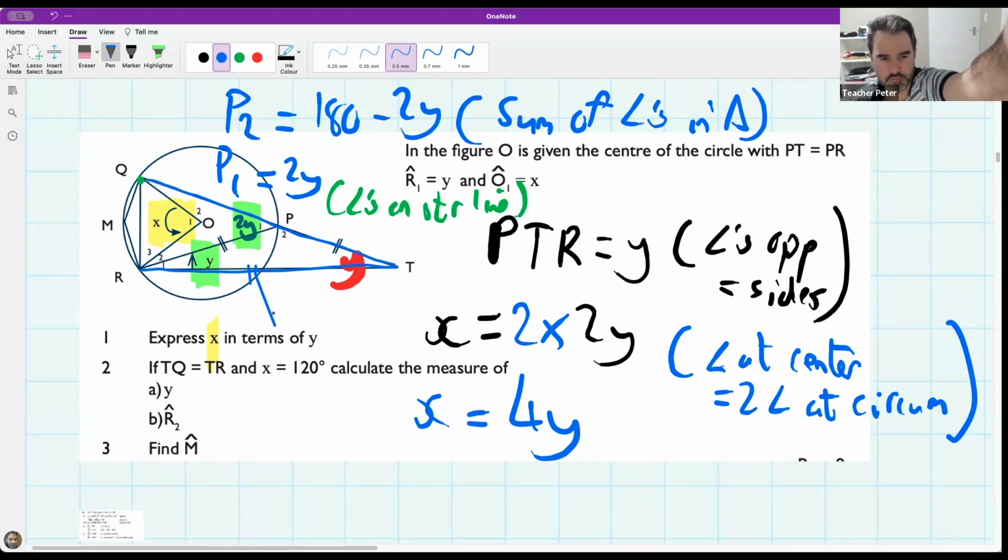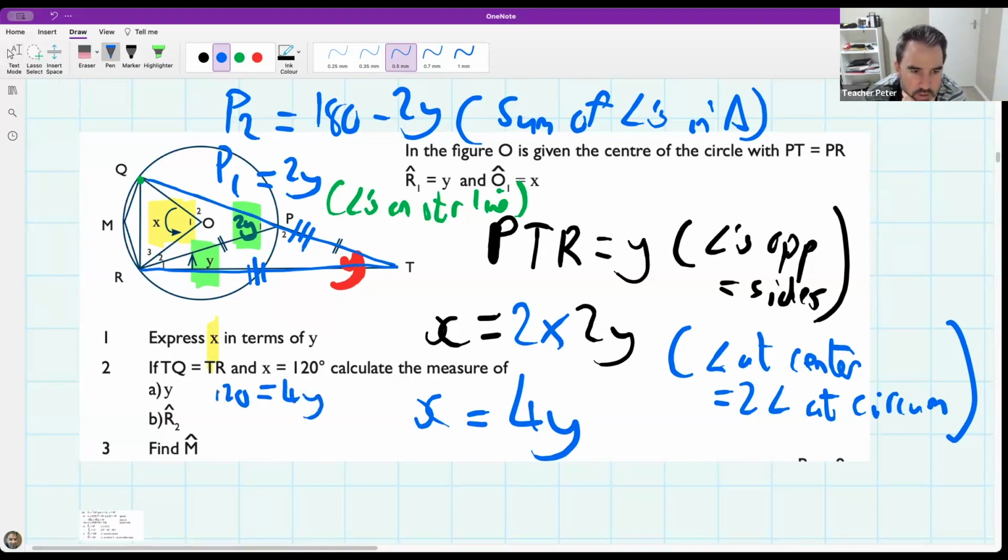So if I have 3 stripes there, so it's the whole long thing here, and it says to me, x is 120. If x is 120, actually, that's not so bad. If x is 120, what does y have to be?